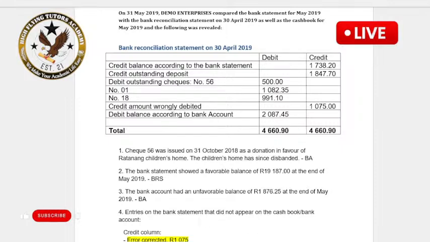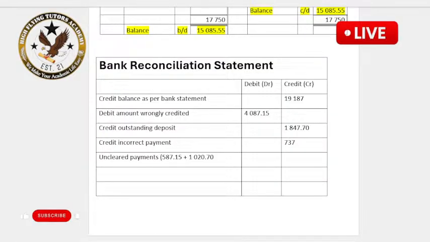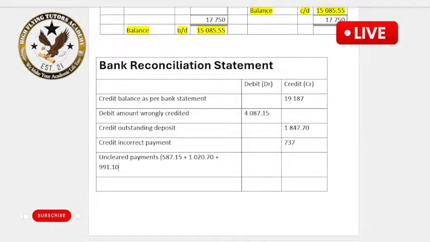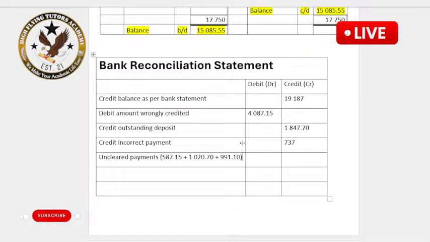So we go to our answer sheet right there and clear that payment, plus 991.10 in brackets right there. And then how much is it? Please give me the answer quickly.